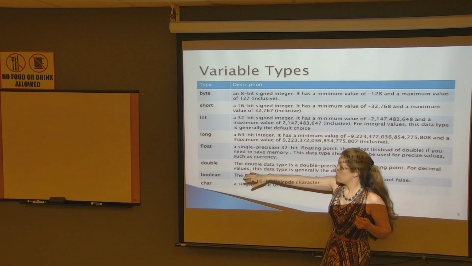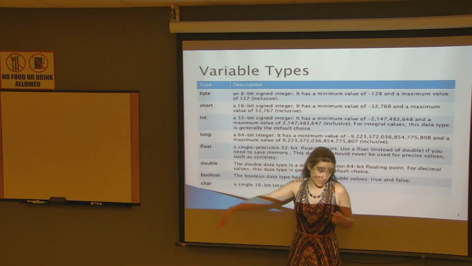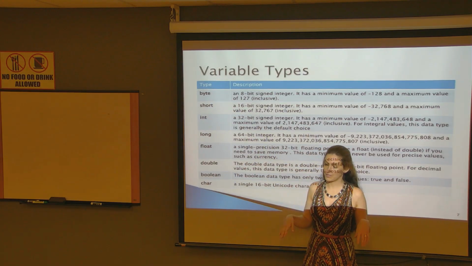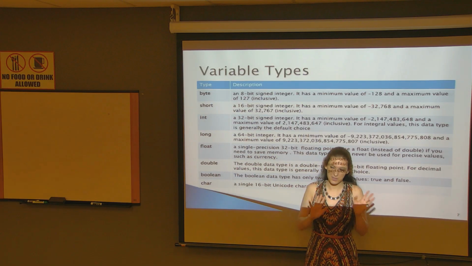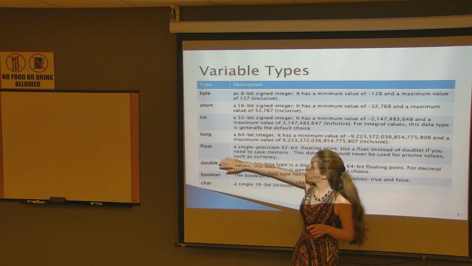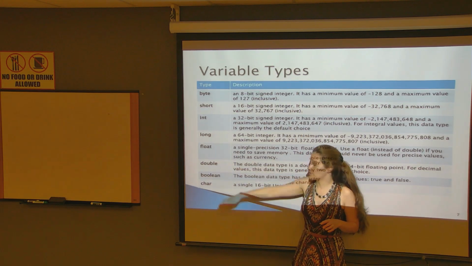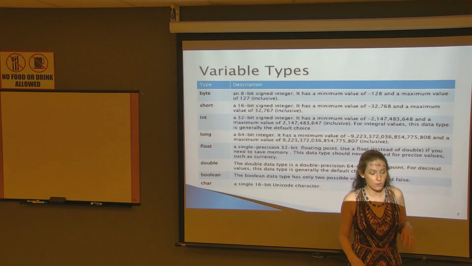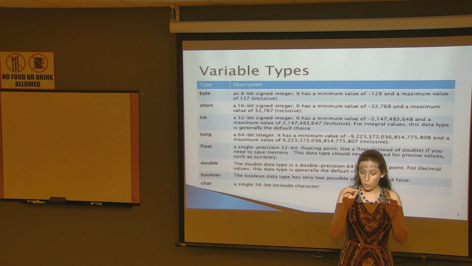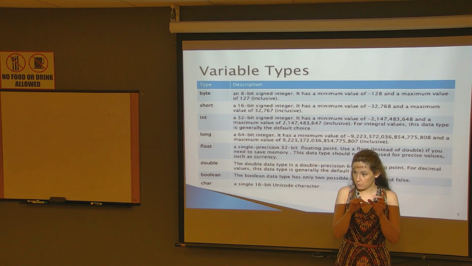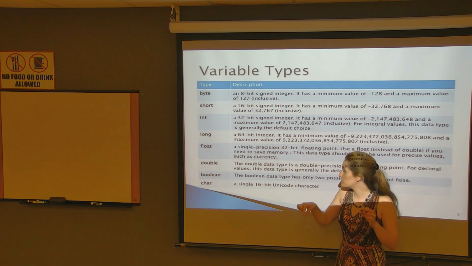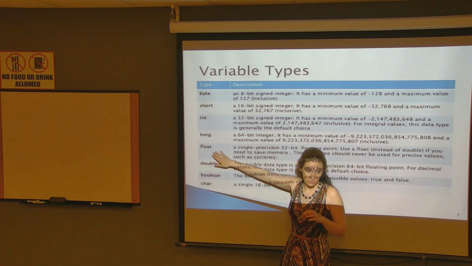All right. Now, if you're not using a whole number, right? The first 4 are just for whole numbers, and frankly, the first 2 you're not really going to be using anyway. So the next 2 situations we're going to cover are decimals, right? Now, if you have a number that only has 1 digit after the decimal point, you can use a float, all right?